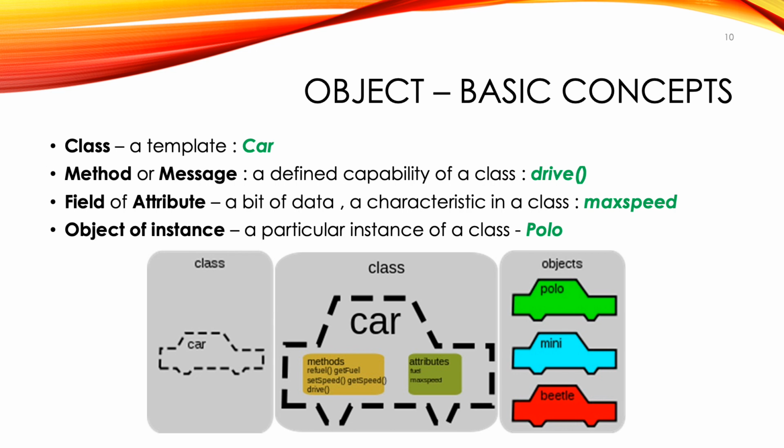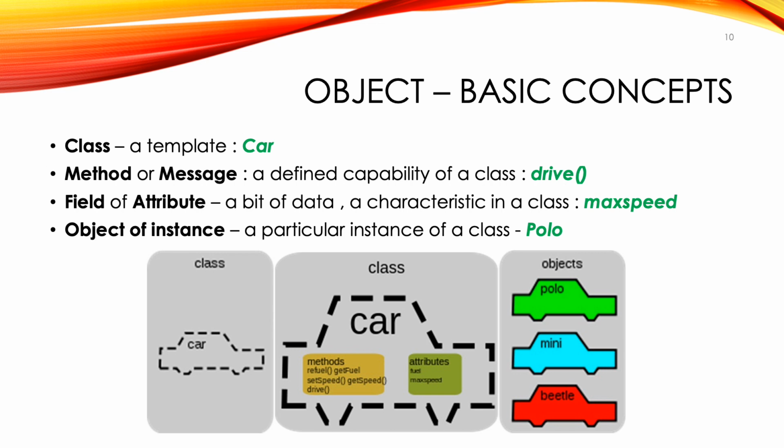Later on, I could use this very same class and create another car. It's called Mini Cooper, for example, and its fuel type will be gasoline and its maximum speed would be 228, etc. So as you can see, you could create hundreds of car objects from the same class.